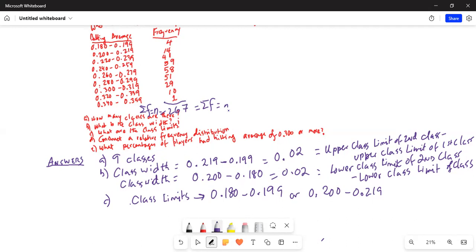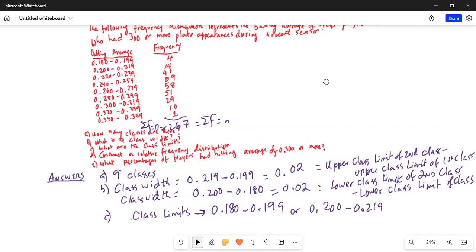Now I'll create a new column, the relative frequency column. Each class frequency is divided by the total frequency. It's F, the frequency of each class, divided by N.